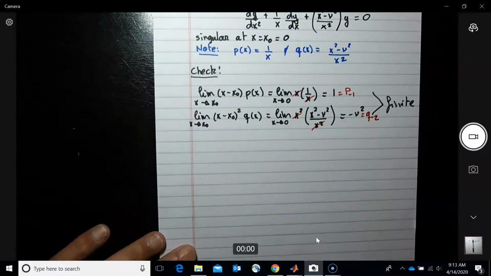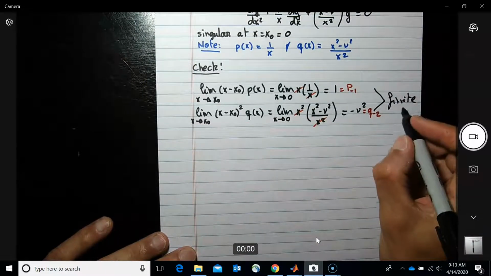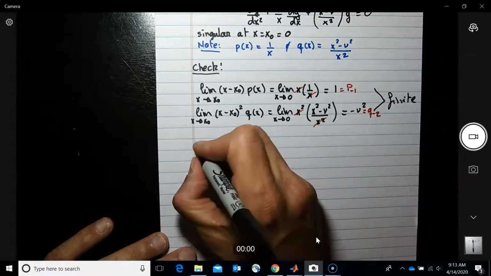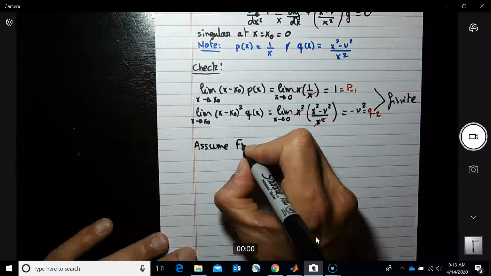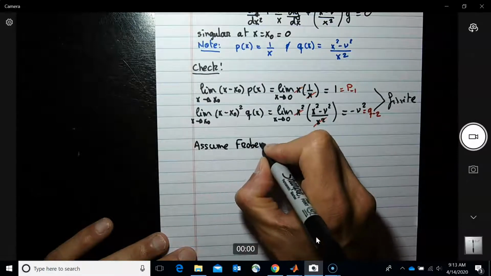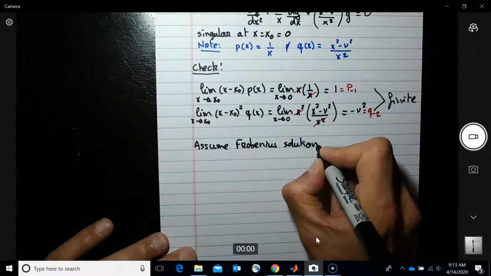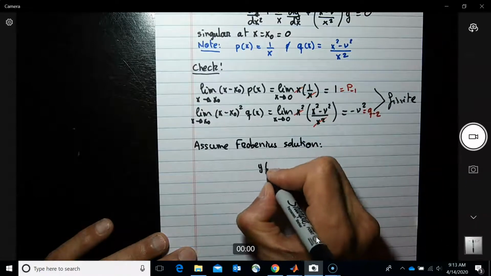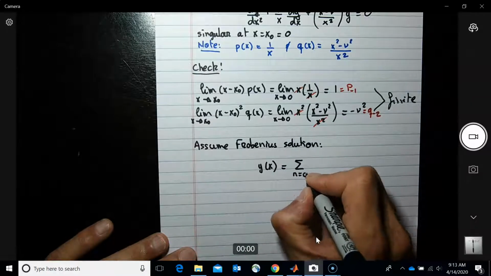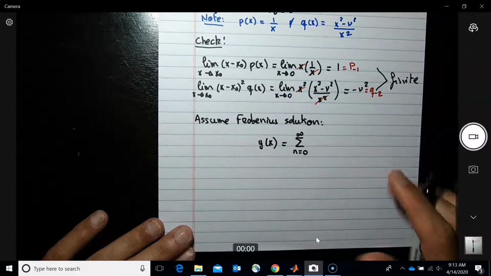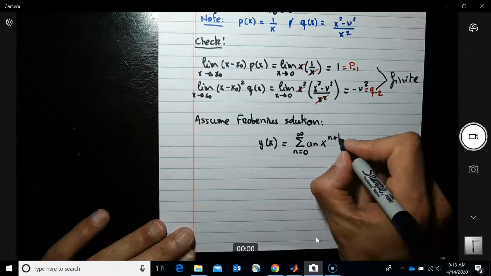All right, so that means that if the two limits are finite, we can assume a Frobenius solution, which is y of x equal to the summation n equal to 0 to infinity of a sub n x to the n plus k.